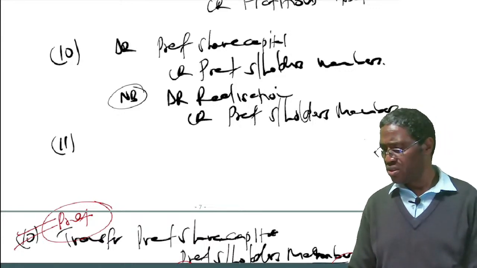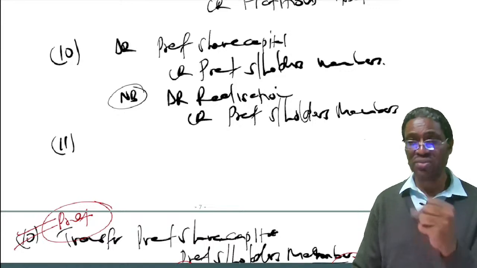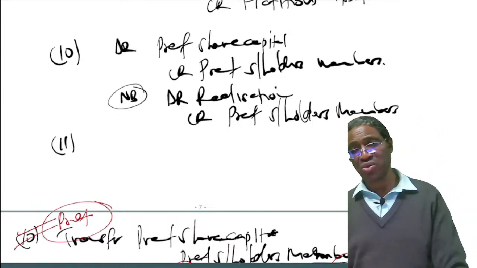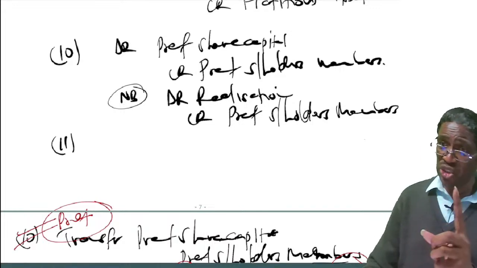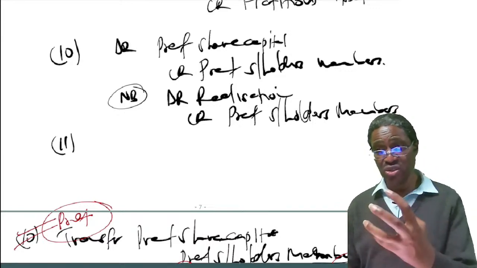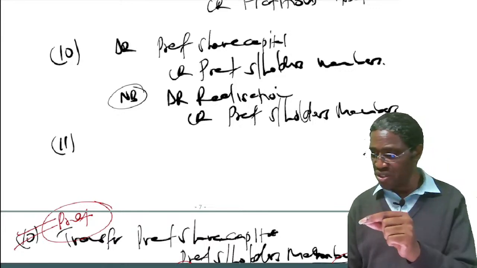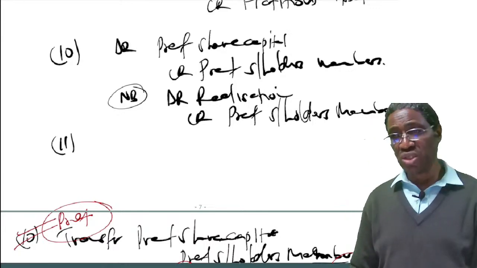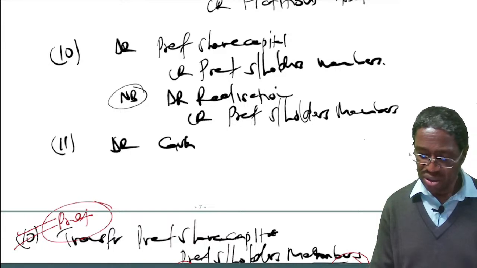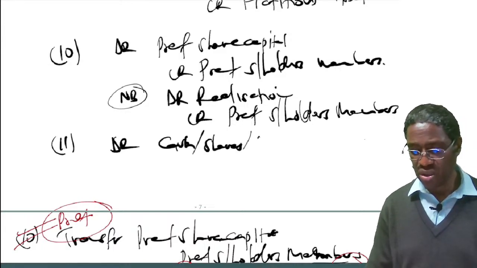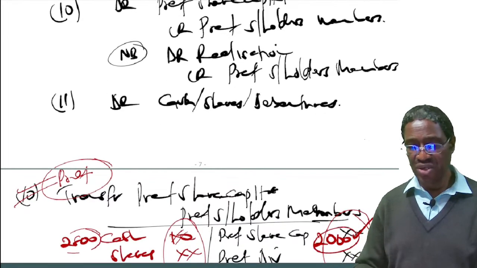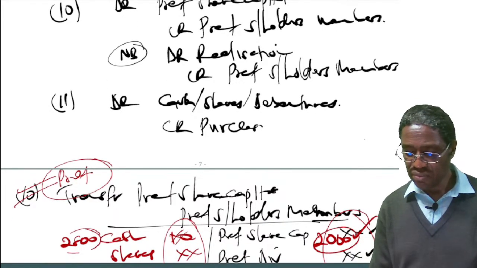Number 11, you say this: with the receipt of the purchase consideration, either in form of cash, shares, or debentures, debit cash, stroke shares, stroke debentures, whatever you are receiving, and you credit purchasing company.